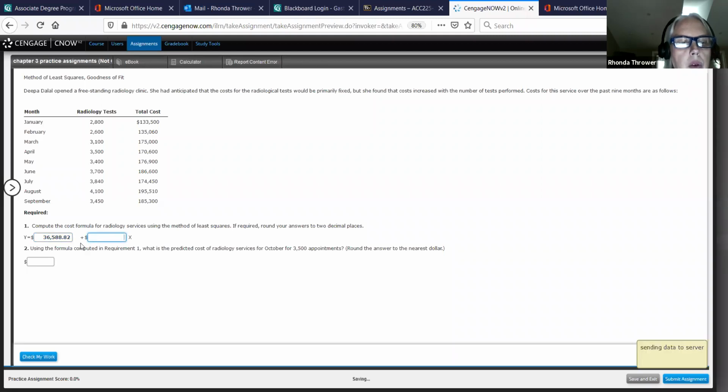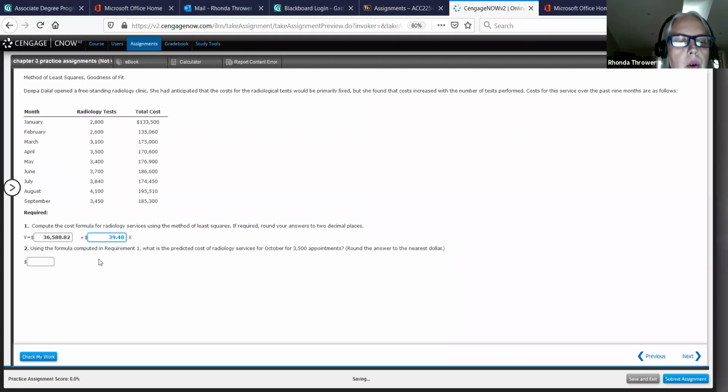And we're going to add to it our variable cost. Our variable cost is the variable cost per unit times the number of radiology tests. That's what the X stands for in this case. So what I want to put here is my variable cost per unit, and that came from my Excel spreadsheet that I showed you how to do that will calculate the least squares method with this.